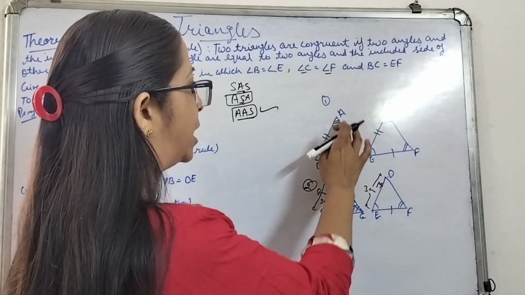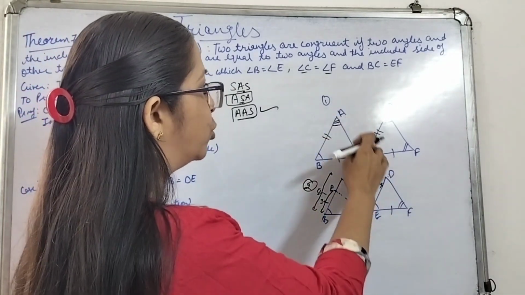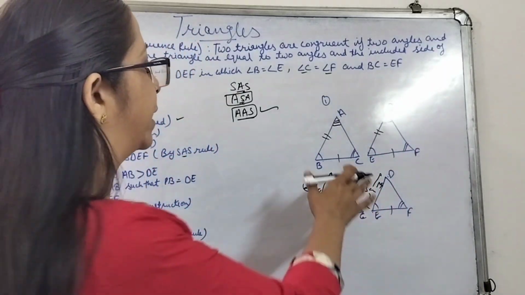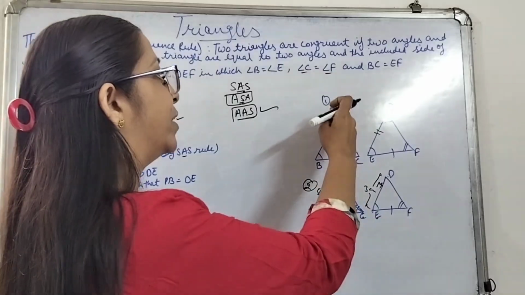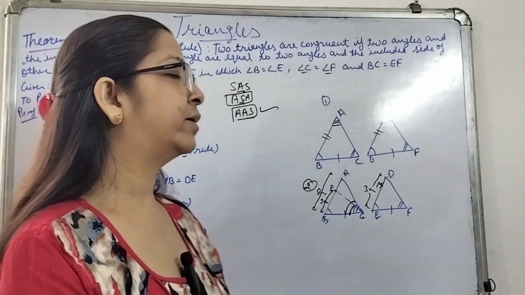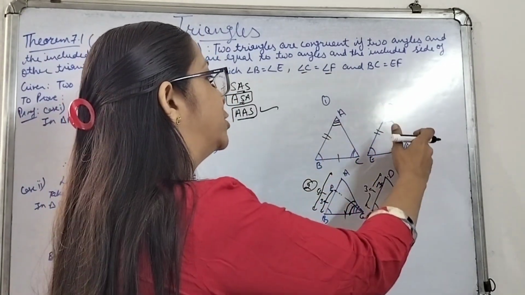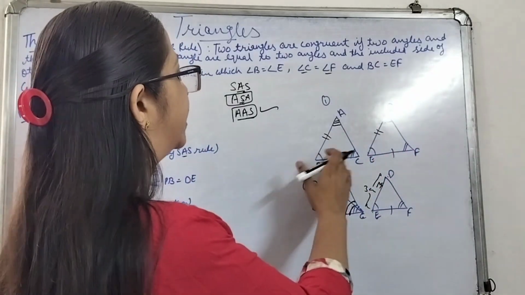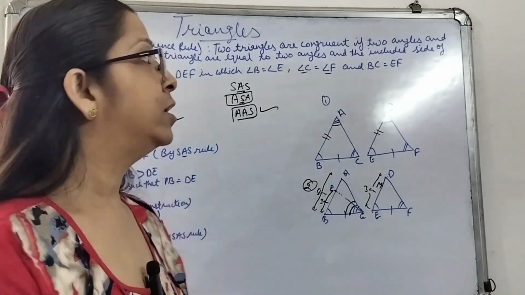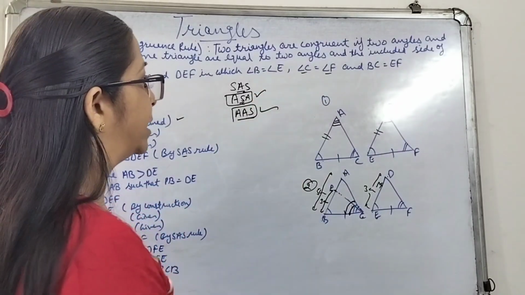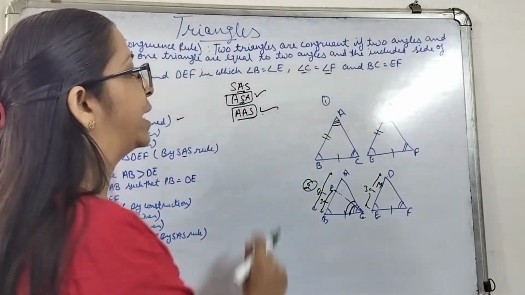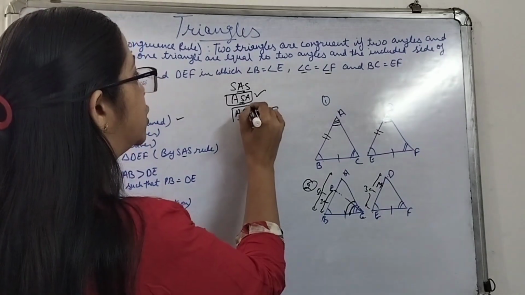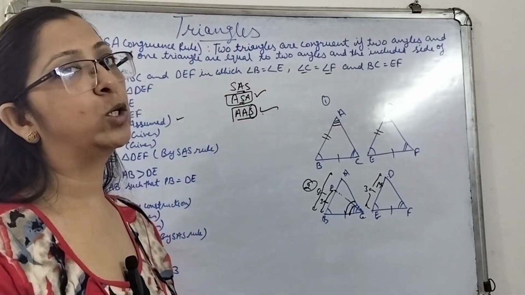If any two angles of one triangle are equal to any two angles of another triangle, then automatically the third angle will also be equal. So the ASA rule is applicable, but along with that AAS also works. The side need not compulsorily be the included side.